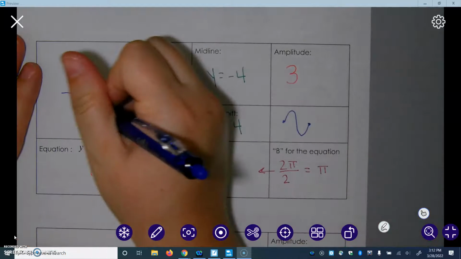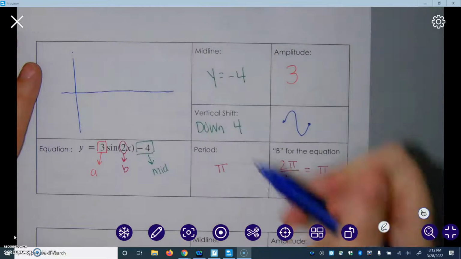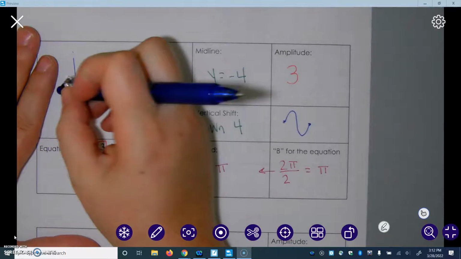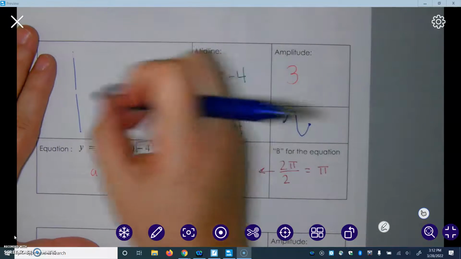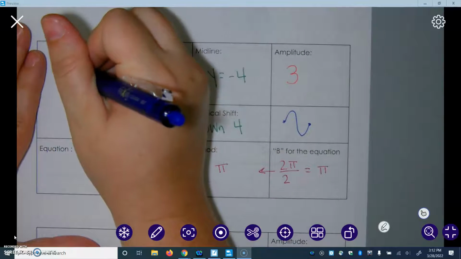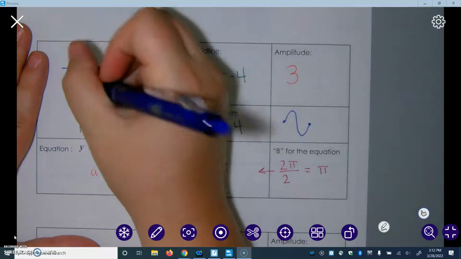All right, so I'm just going to draw a very rough sketch. And actually, that's too far up. So my midline is at -4.